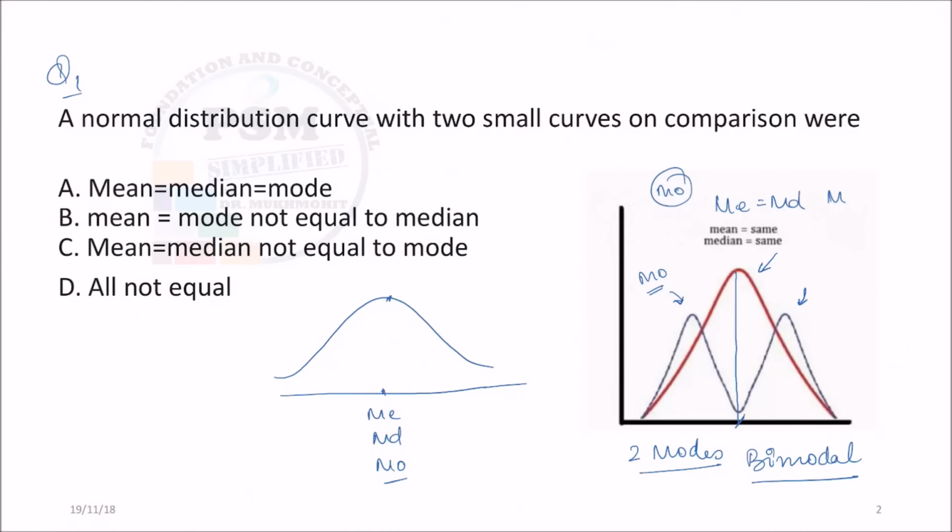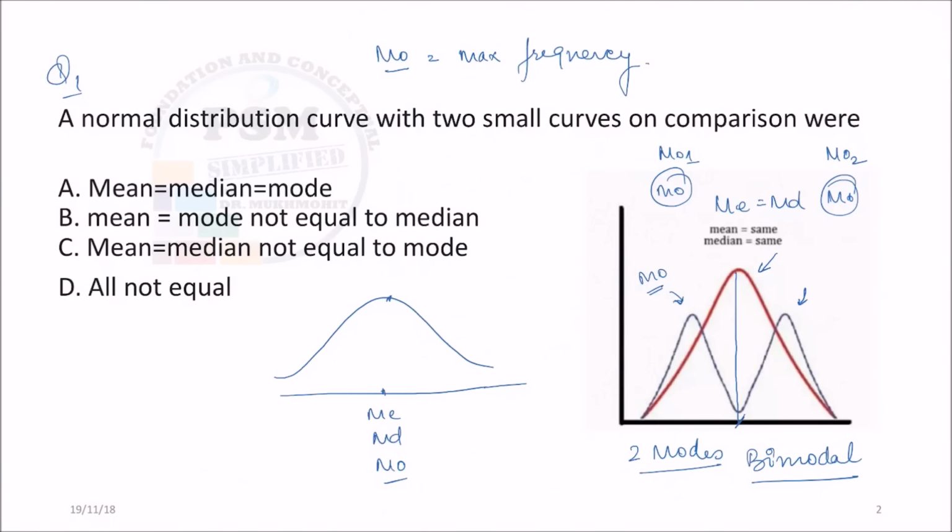Some of you might think that because there is a mode 1 and a mode 2, we can take the center of the modes and say mode is also equal to the median. But mathematically this is not done, because mode is the number with maximum frequency.